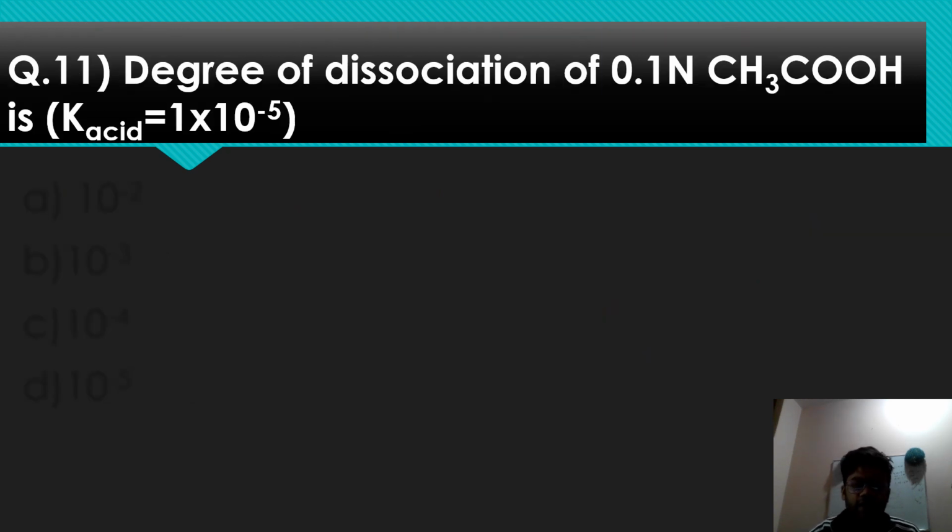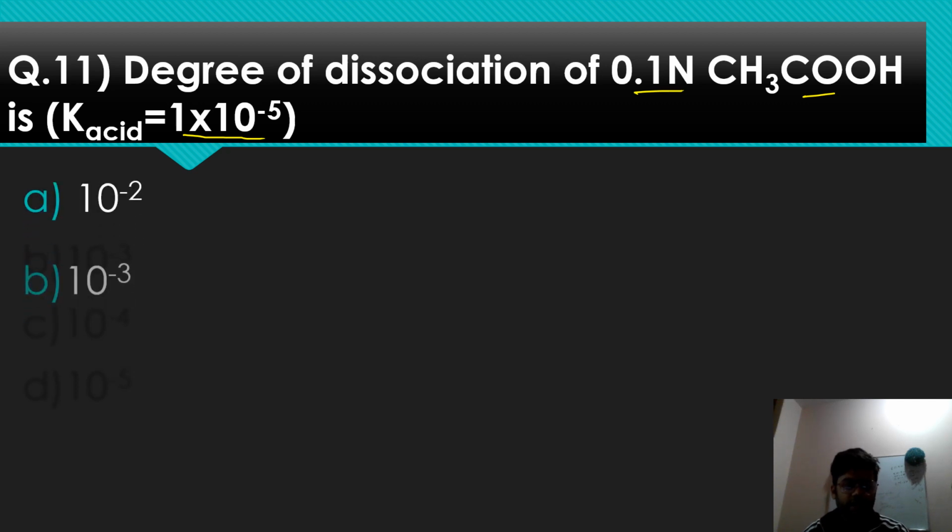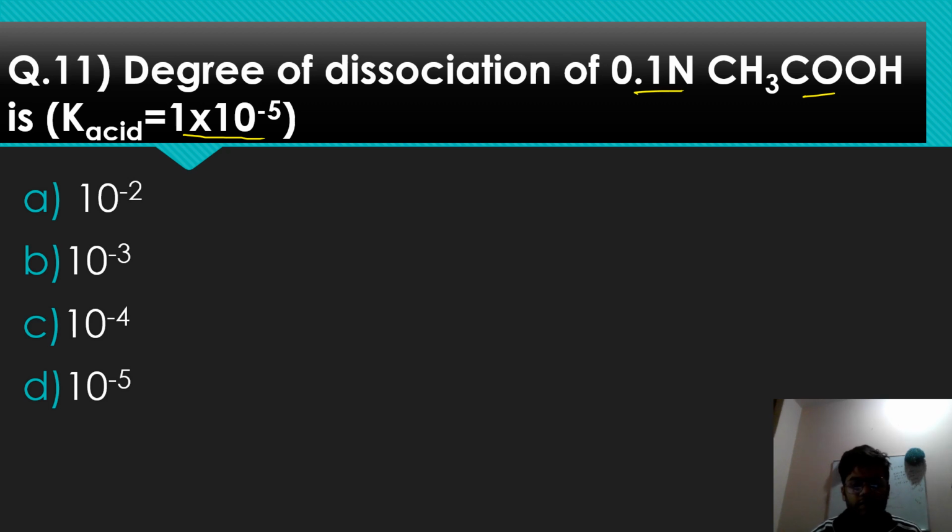Next question, degree of dissociation. The degree of dissociation of 0.1 normality CH3COOH is 1 into 10 to the power minus 5. So we have to calculate the degree of dissociation, alpha. 0.1 normality is the concentration, and K is also given.